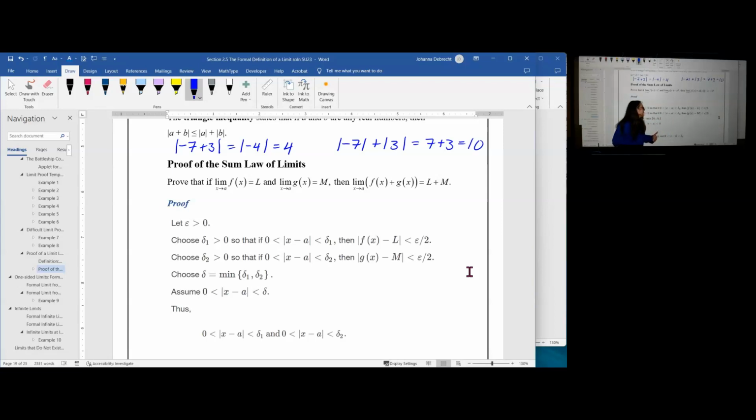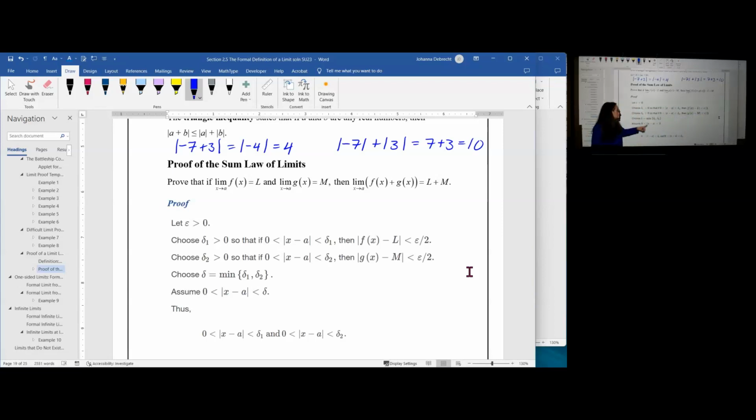It works. Okay, so we're going to choose a delta 1 greater than 0, so that if 0 is less than the absolute value of x minus a, in all three limits, is less than delta 1, then the absolute value of f of x minus L is less than epsilon over 2. I choose a different delta for the g function so that when x minus a is between 0 and delta 2, then the absolute value of g of x minus m is also less than epsilon over 2.